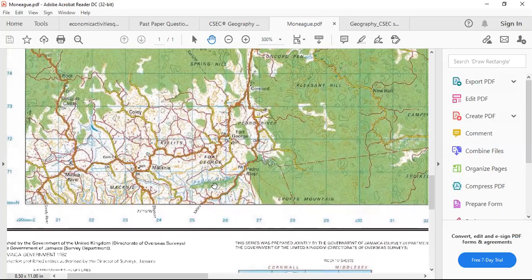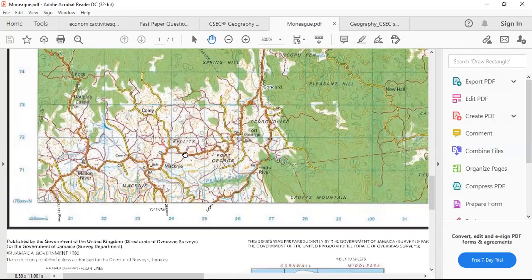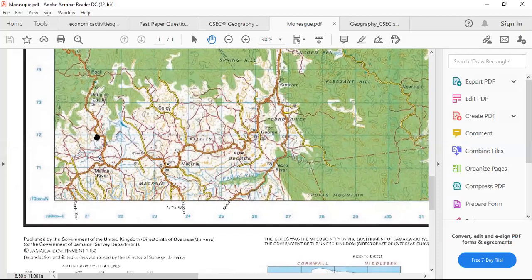This is the only river pattern that you're seeing here, this area where you see the Pedro River, right? What type of pattern is that? Dendritic, miss. Tributary. It's low drainage density, yes.